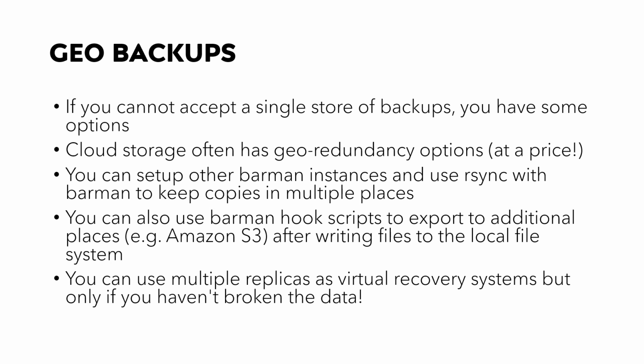You could even use rsync on the second backup one, which might be more efficient than just streaming everything directly to it, but that's up to you. And you can also stream stuff from Barman directly to cloud storage if you feel like it, or a cloud provider like Azure might have geo-redundancy options. They might automatically copy your data from a storage account just so that it's available. But again, don't just do that for the sake of it.